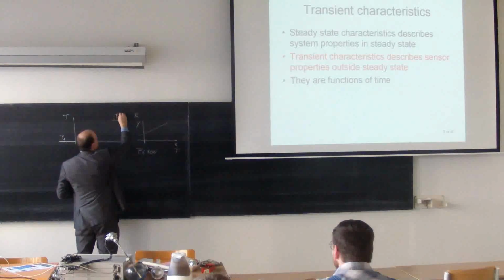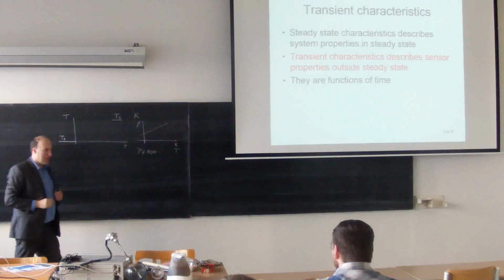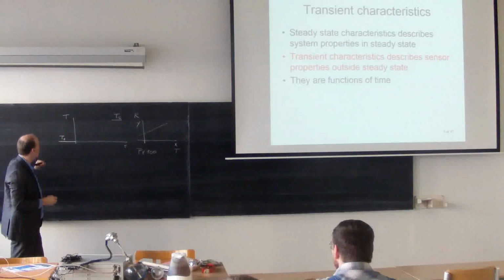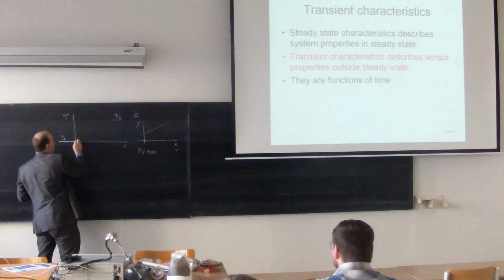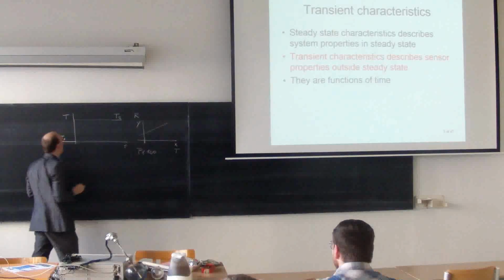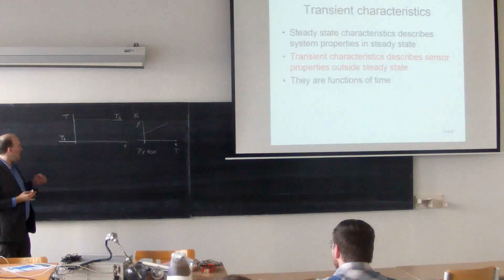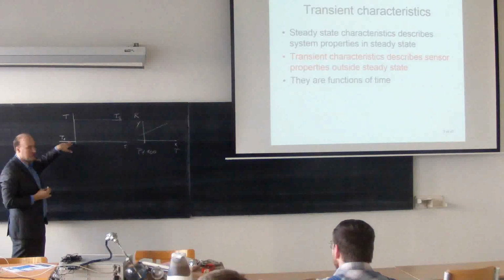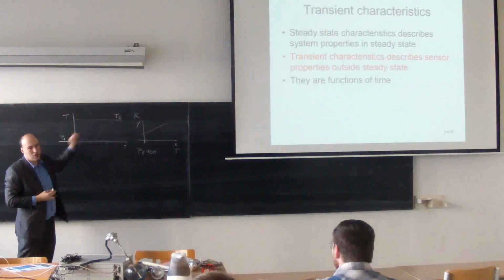So here there will be temperature T2. And now the question is, what will happen at that moment? I will assume that I'm able to make a very fast change. So I know that the input will change instantaneously from temperature T1 to temperature T2.